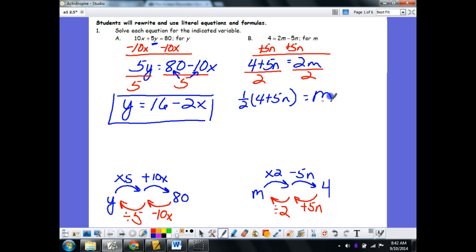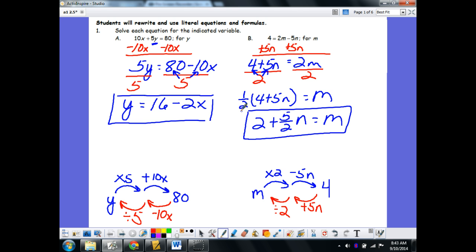Otherwise, make sure you are dividing 2 into both of those terms, that being separated by the addition. To distribute, 1/2 times 4 becomes 2, and 1/2 times 5n becomes 5/2 n. And that is the resulting equation when solved for m.